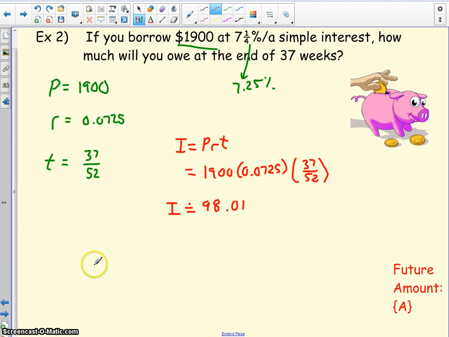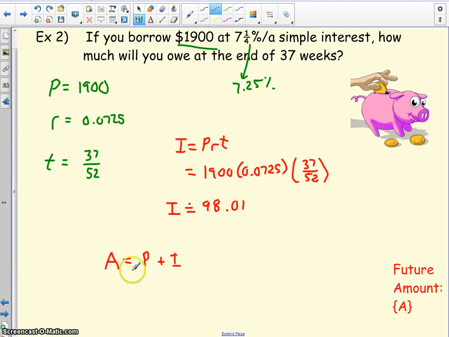So the actual amount that I owe, I'll call A. To figure out what I owe in total, it's going to be what I originally borrowed plus my interest. If it was an investment, it would be what I originally invested plus the interest earned, which is how much I have in total.